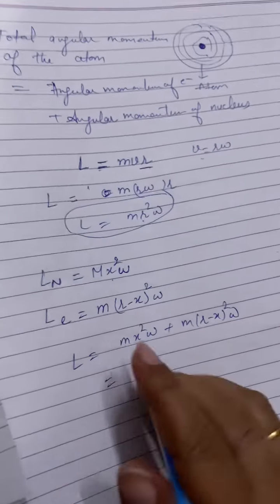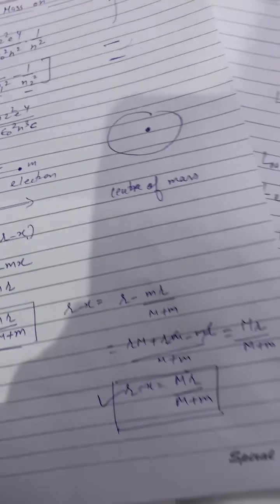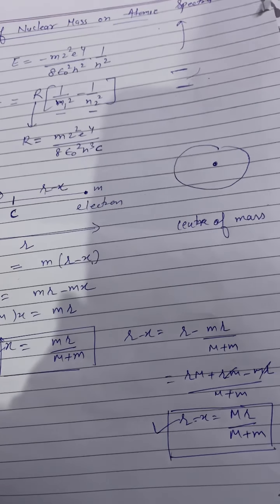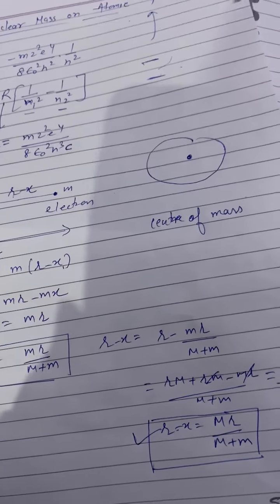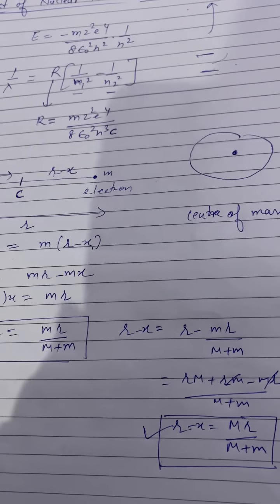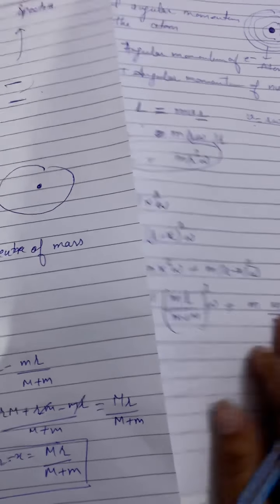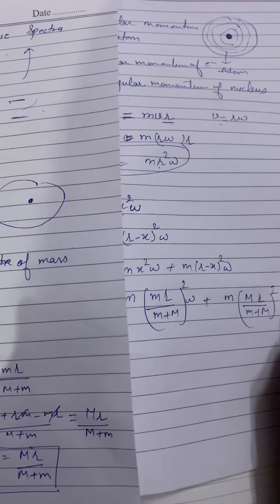So by putting the value of x, that is mr divided by M plus m, into omega, plus by putting the value of r minus x, that is Mr divided by M plus m, into omega.